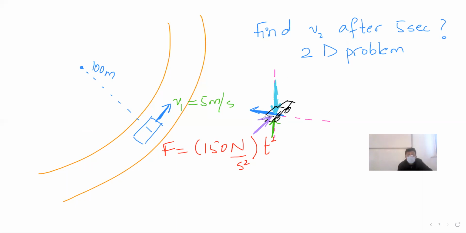this is our force. Where is the friction, by the way? This is the friction. This is the weight. This is the friction. And I will change this arrow so you don't get confused.